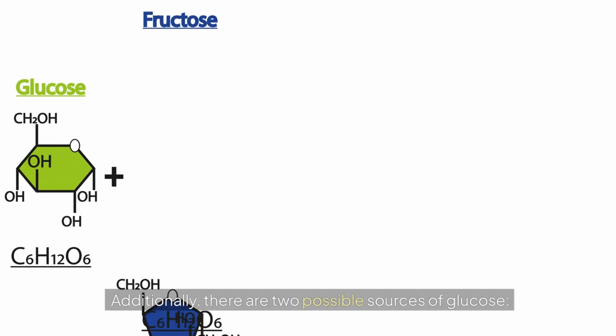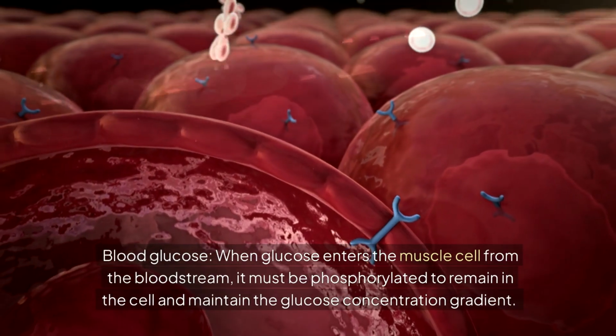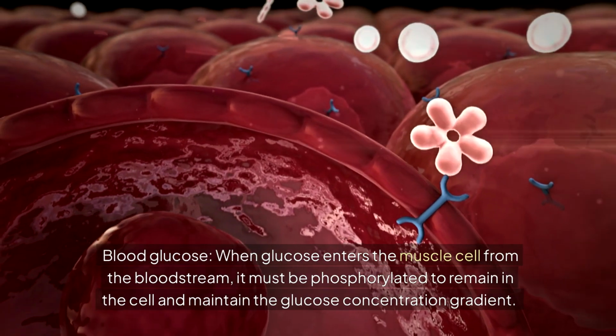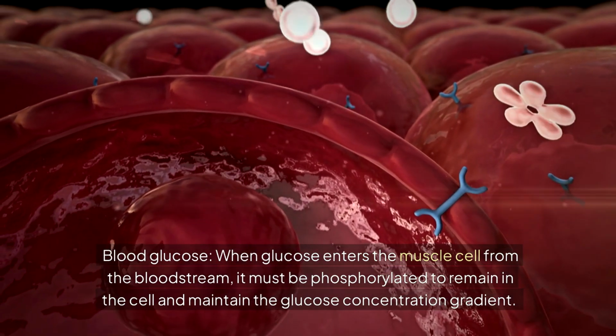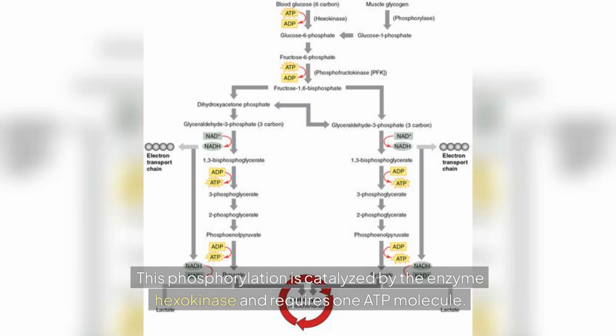Additionally, there are two possible sources of glucose. Blood glucose. When glucose enters the muscle cell from the bloodstream, it must be phosphorylated to remain in the cell and maintain the glucose concentration gradient. This phosphorylation is catalyzed by the enzyme hexokinase and requires one ATP molecule.